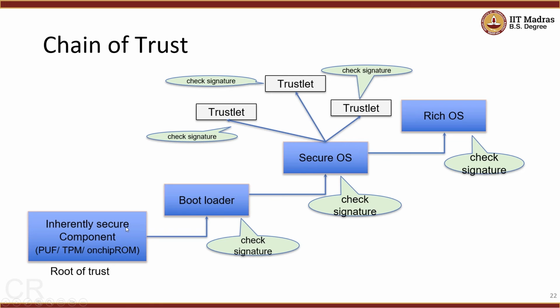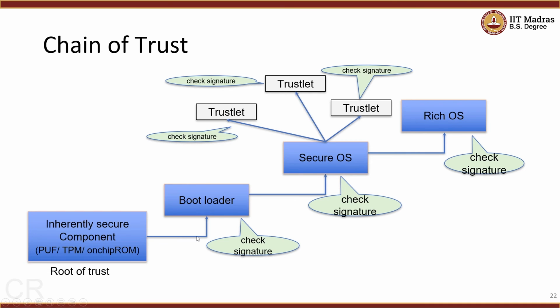The root of trust first needs to load the bootloader into memory, right? Before it loads it, it validates with the help of a digital signature whether the bootloader has been tampered or not, right? This is validated with the help of keys that are stored within the root of trust.